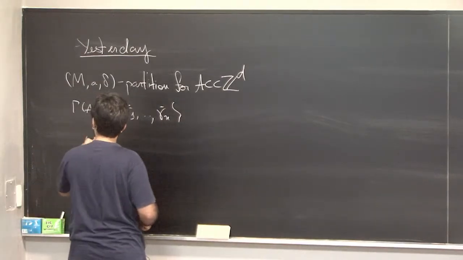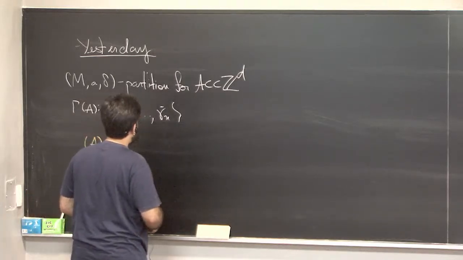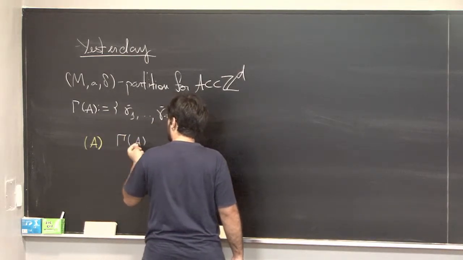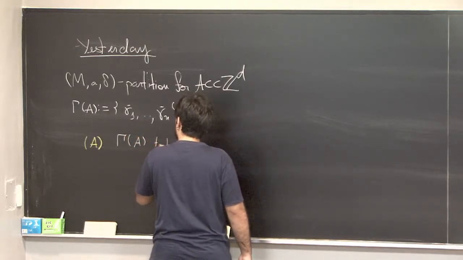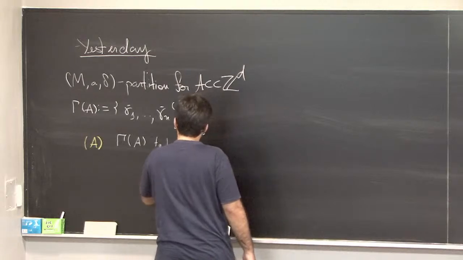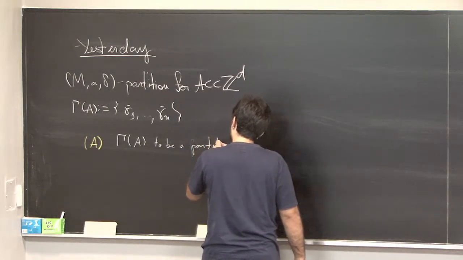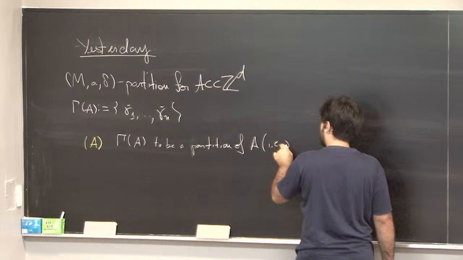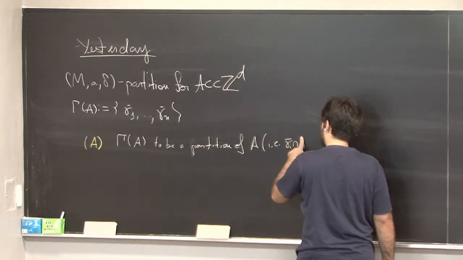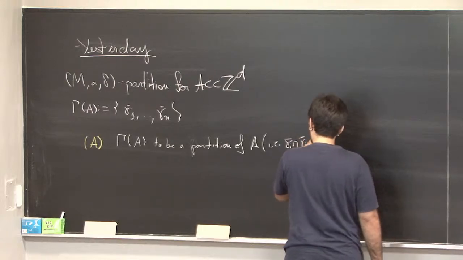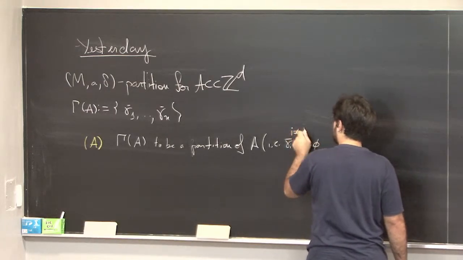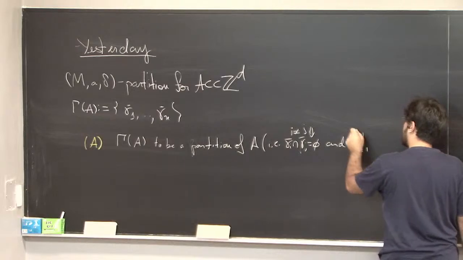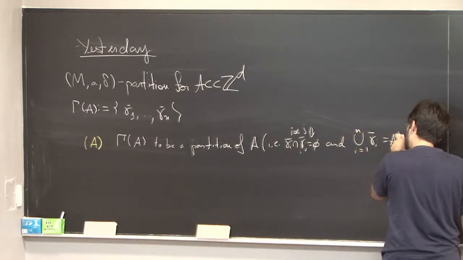The first one is called the A condition, and it asks that gamma A be a partition of A. So this means that they are disjoint when i is different from j, and their union is the whole set, okay?